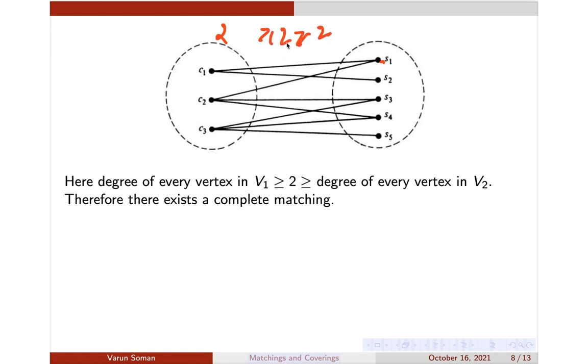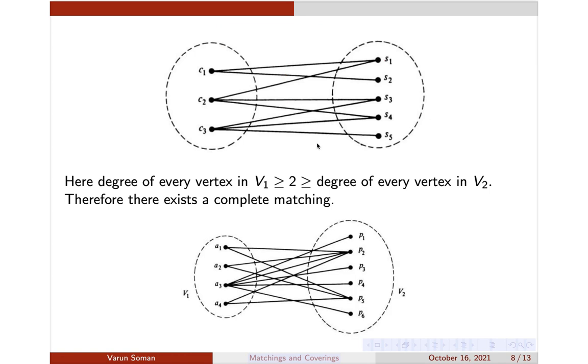This m is actually equal to 2, and therefore there will exist a complete matching. You can give a complete matching here. Maybe you can assign C1 to this one, C2 to S3, and C3 to this S5. So a complete matching is there. You just take those three edges. Complete matching from V1 into V2 is possible. I am completely mapping V1 vertices into V2.